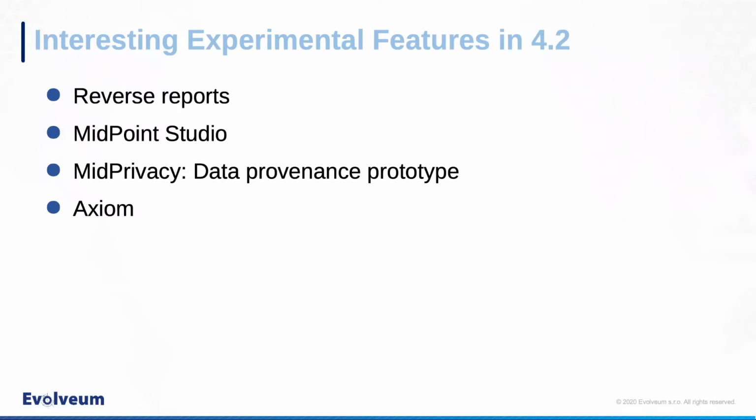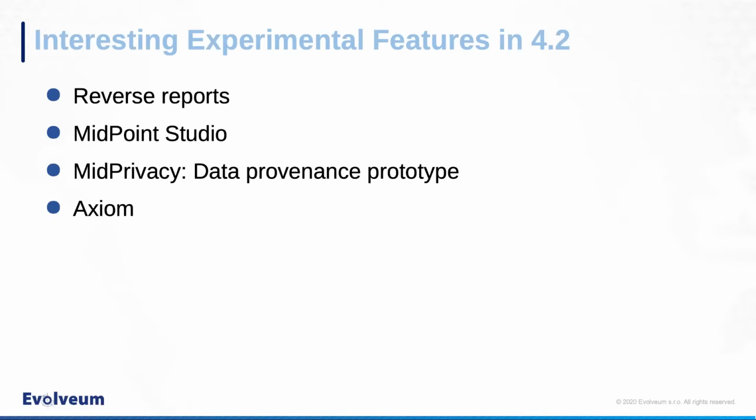One such feature delivered in 4.2 is called reverse reports. You might encounter a situation when you need to import objects from Excel, a CSV file, or another file to midPoint. To do it before 4.2, you had to prepare the file, write some custom scripts, and call the appropriate midPoint API.